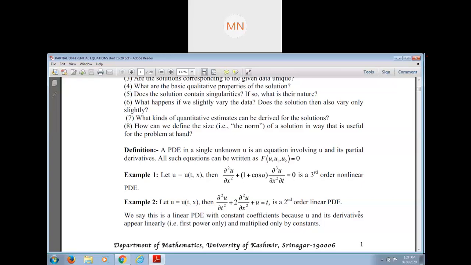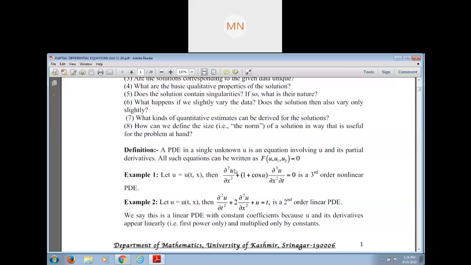Only remember that we use this symbol delta. Delta is used to denote partial differential equation. In some books we write u suffix x, then this also denotes partial differentiation with respect to x. Similarly, u y is partial differentiation with respect to y.